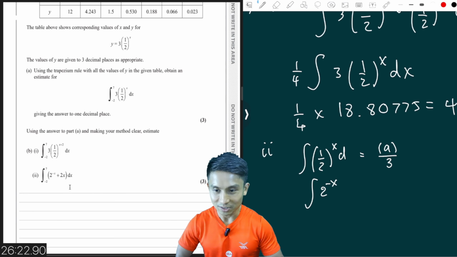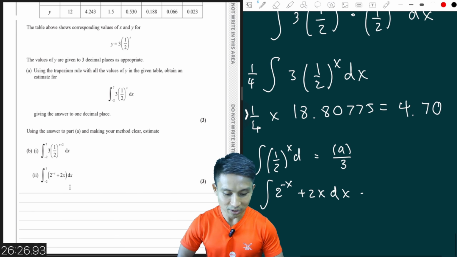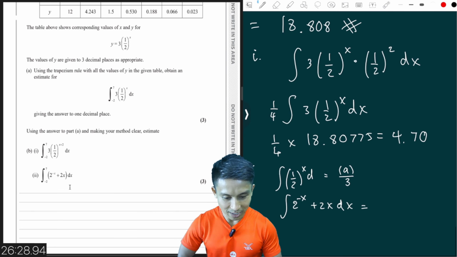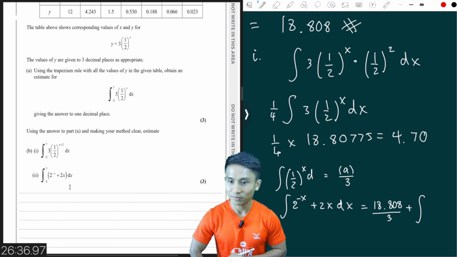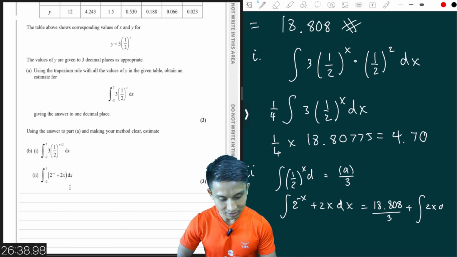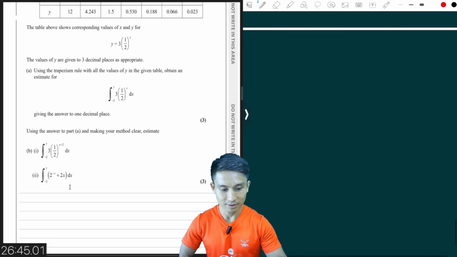So it's basically the integral of that plus 2x dx. It means we're going to have the answer from part A divided by 3, yeah, plus the integral of 2x dx from minus 2 to 7, yeah, like that, okay?